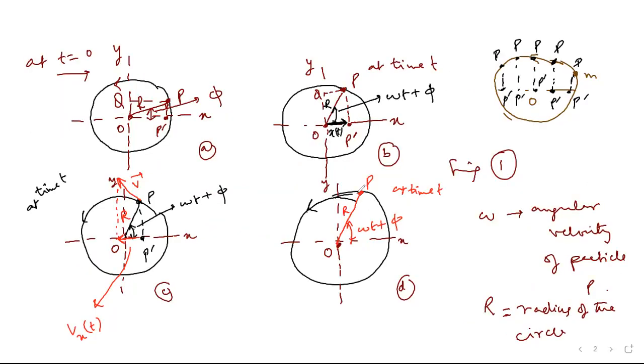So at point P, this acceleration vector is pointing towards the center. Now it will have some projection on the x-axis. That projection I name ax of t.